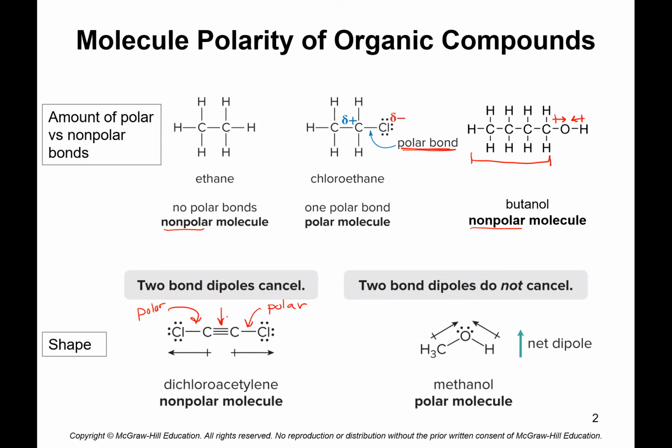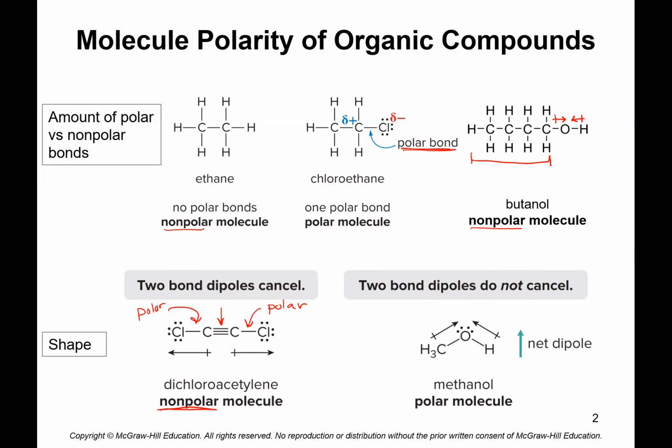But because these polar bonds are pulling in equal and opposite directions, meaning the bond dipoles are in opposite and equal directions, they will actually cancel out. And so because the shape of my molecule is linear, that is why these bond dipoles cancel. So when we consider the shape, we recognize that even though I have polar bonds in this molecule, my molecule shape will make it nonpolar.